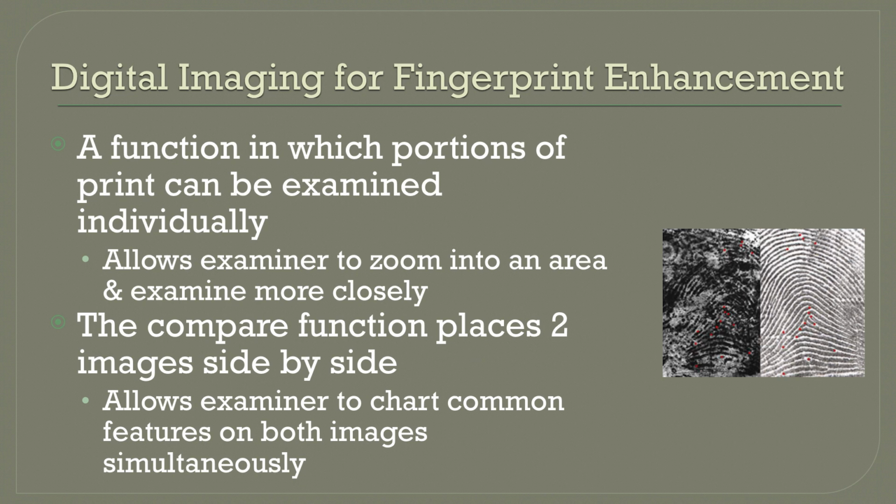And then the comparing function is probably one of the most important of the functions. It allows for two images to be placed side by side so that the examiner can chart the common features on both images simultaneously, and that allows for a better comparison between the two instead of having to look back and forth, back and forth.